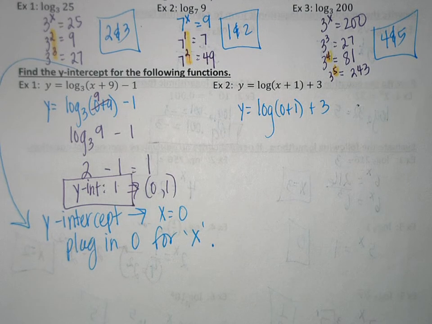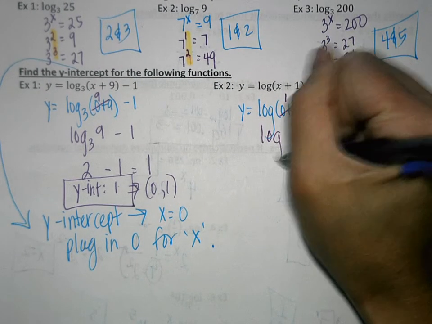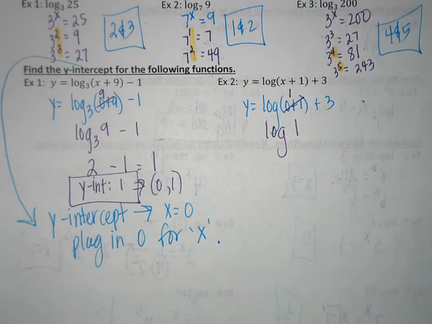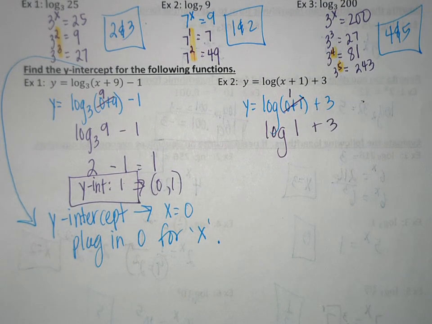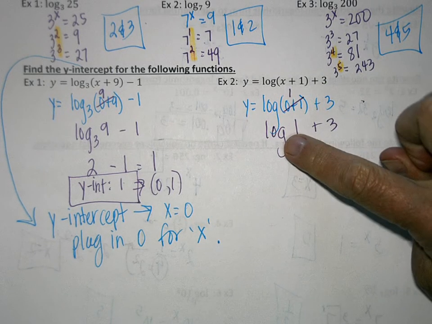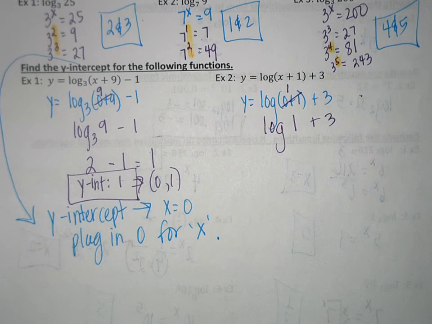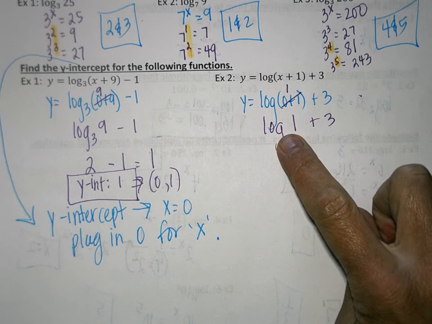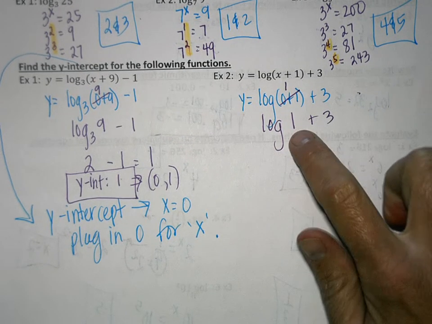0 plus 1 is 1. So I have log of 1. Now notice again here, there's no base. If there's no base, we know it's actually 10. So this is saying 10 to what power equals 1? And it wouldn't actually matter what your base is here, because whatever it is, the only thing that will give you the answer 1 is a 0 power.